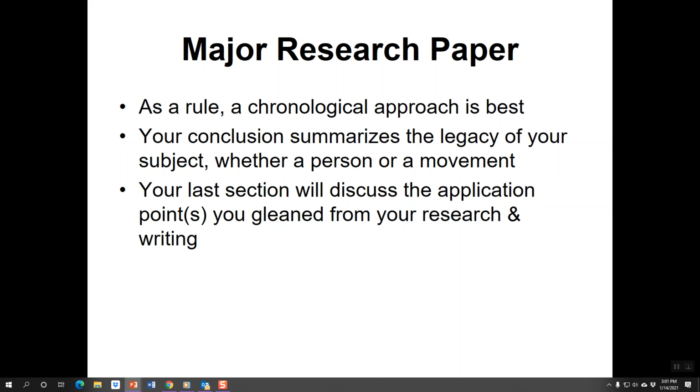Finally, you will include a last section that discusses an application point. I want you to look for how you can apply what you researched in your own life and ministry.